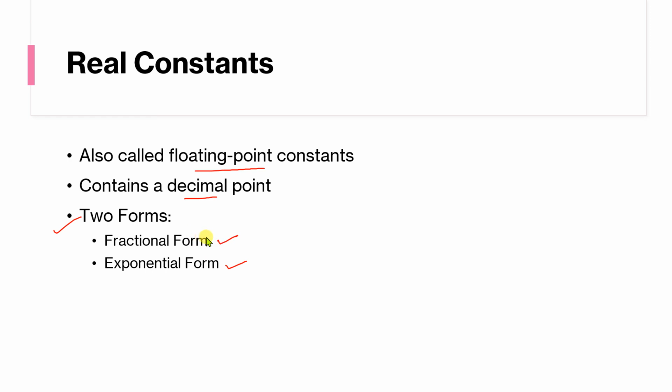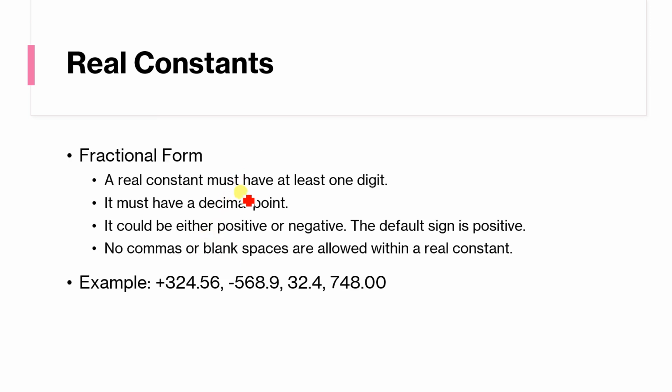First of all, let us discuss the fractional form. We use the fractional form in our day-to-day life. The examples I have given are so that you can become familiar with fractional numbers, and then I will discuss the rules. We can represent a fractional number as 324.56, 568.9, 32.4, 748.00.